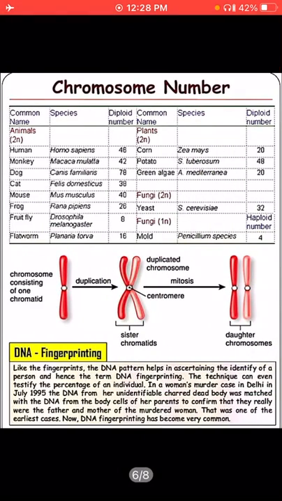Now, chromosome number. In human beings, 23 pairs of chromosomes are present in the nucleus. 23 pairs means 22 pairs of autosomes, and the last pair is the sex chromosome, which may be XX in females and XY in males.